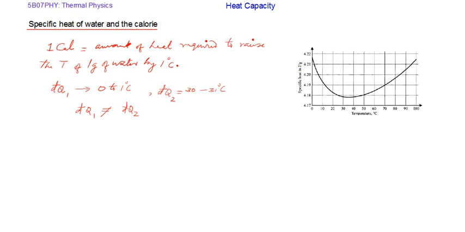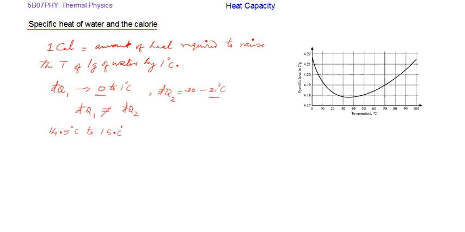Hence they had to redefine calorie to make it more specific by telling the temperature range. So they defined calorie to be the heat required to raise the temperature of 1 gram of water from 14.5 degrees Celsius to 15.5 degrees Celsius. Again the difference is 1 degree Celsius, but it is neither 0 nor 31.